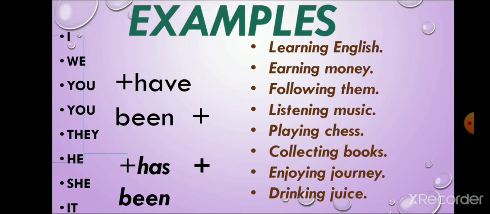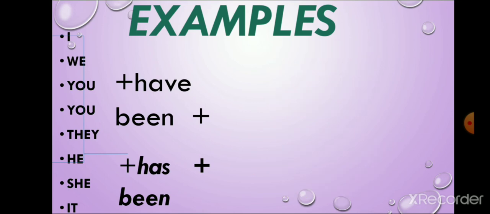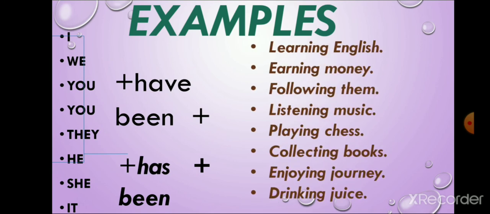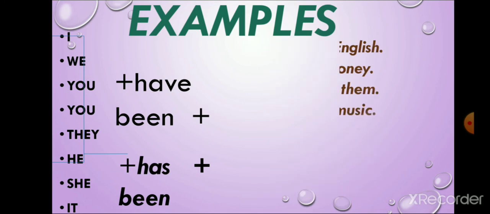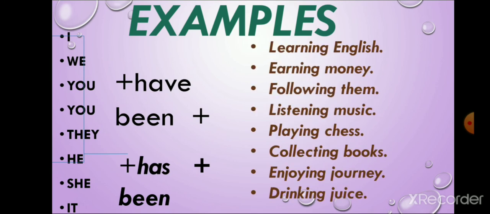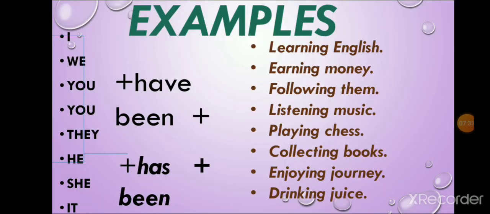So in every example there is use of have been or has been plus VING. They are different from each other. So we learned some examples, and you can use their importance very effectively in your daily life.